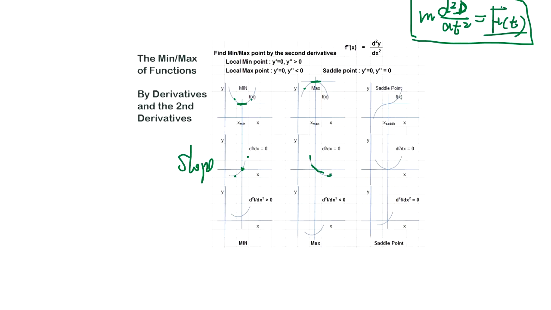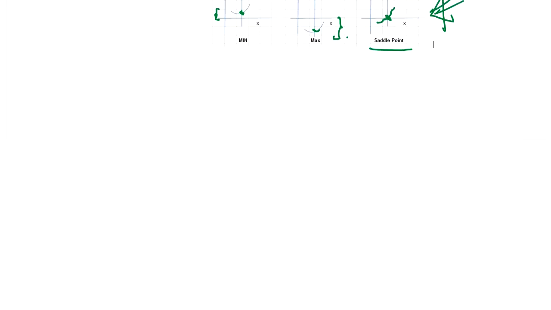You look at the second derivative, then if second derivative is positive, it's minimum. Second derivative is negative, then it's a max, right? And the saddle point, the first derivative is 0, the second derivative is still 0, then it's a saddle point. So you can tell minimum, max, and the saddle point by looking at the second derivatives. Okay, so that's another important point.